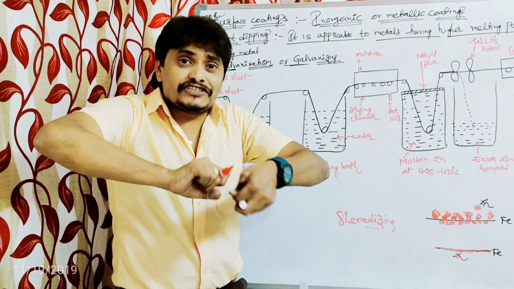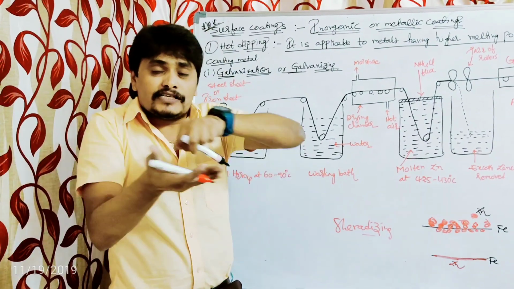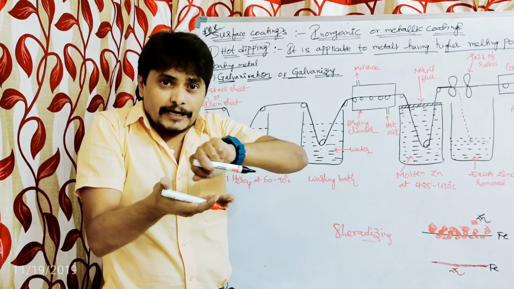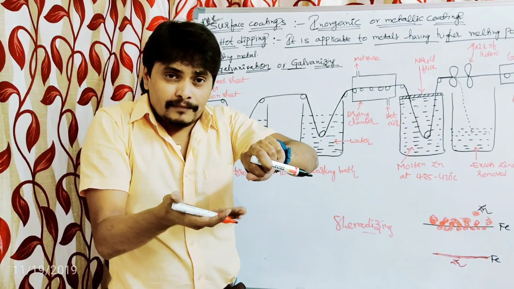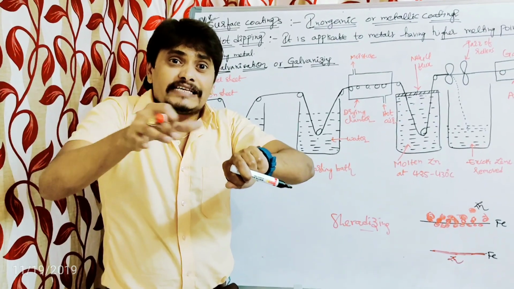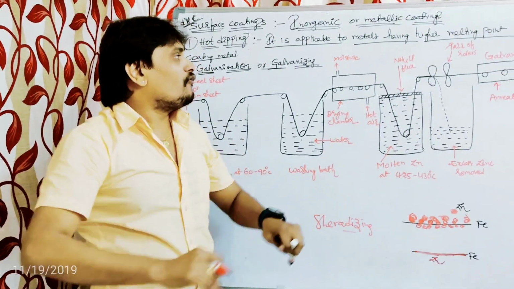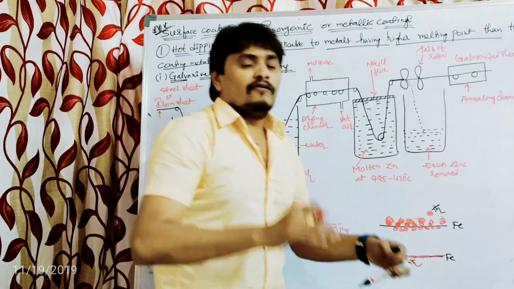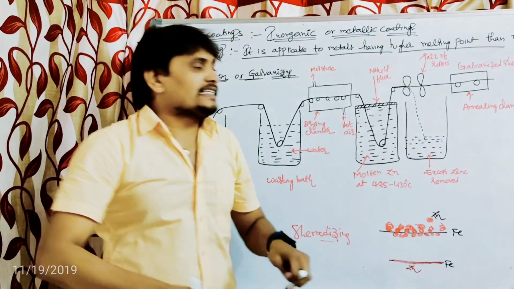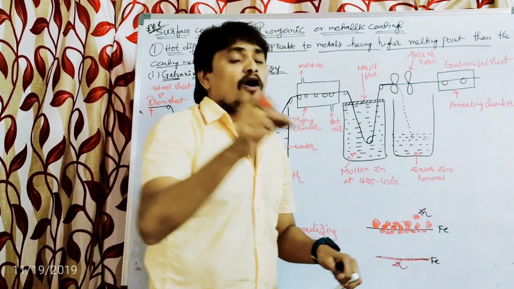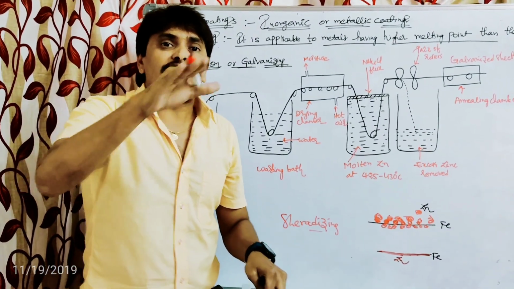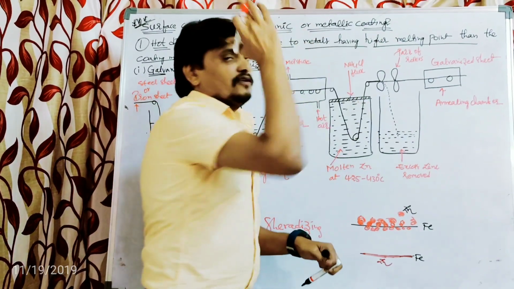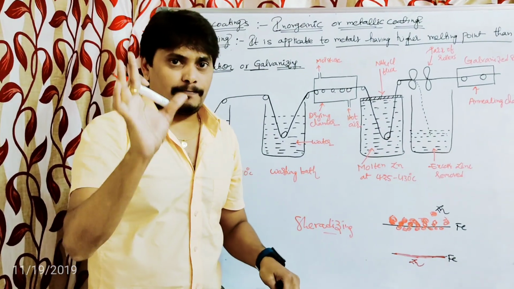Now the galvanized sheet has been formed because on the surface of the iron sheet, the zinc has been coated, but an excess amount of the zinc has been coated. Now from the galvanized sheet, we need to peel off the excess amount of the zinc, which is responsible for non-uniformity of the coating metal on the surface of the base metal, which is iron or steel sheet.